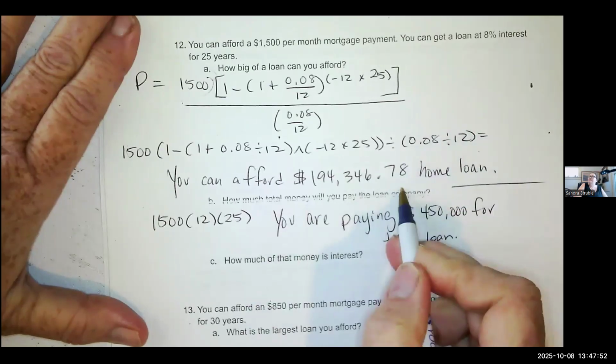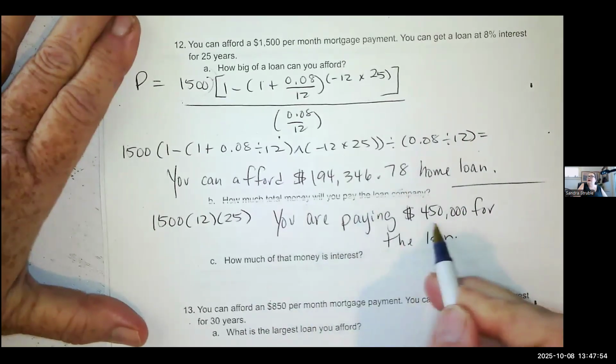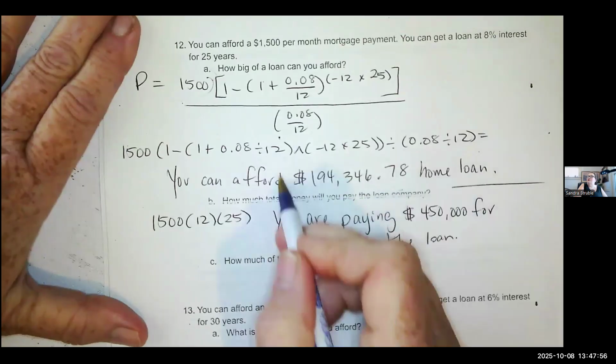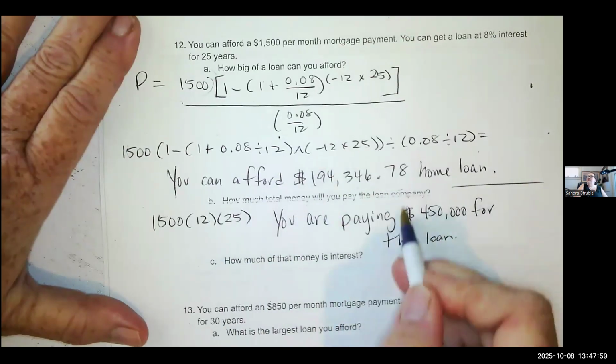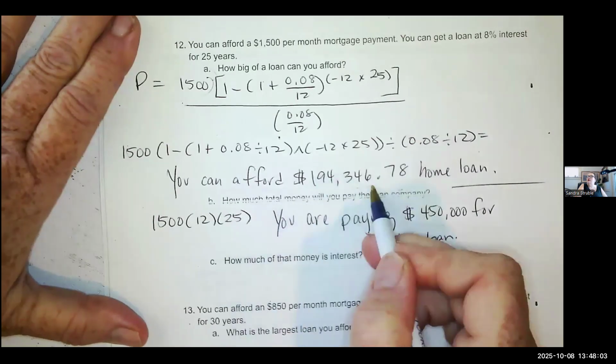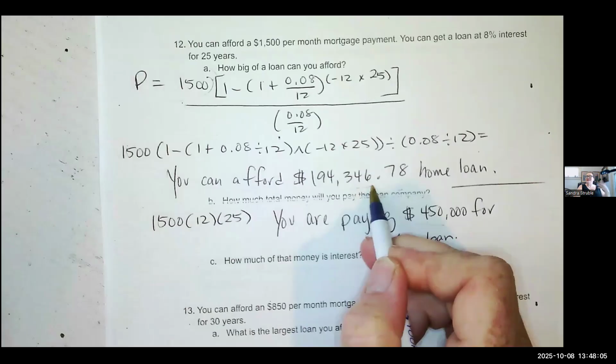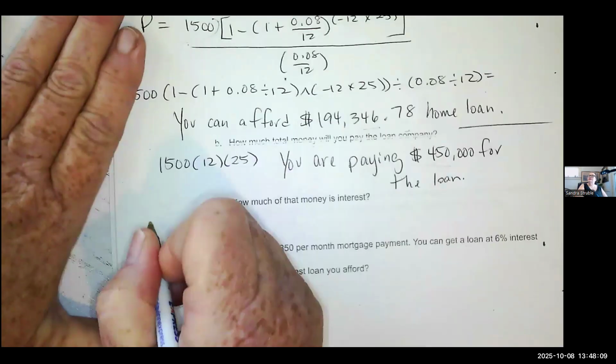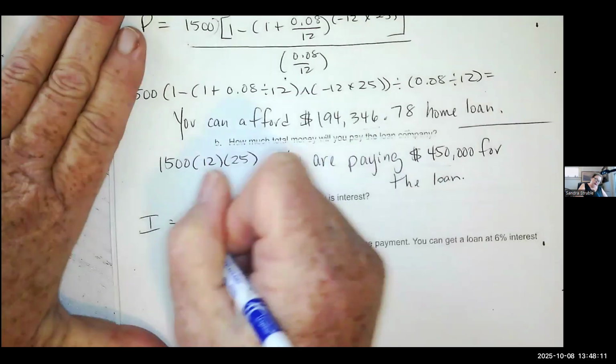Not this. This is actually what you're paying. This is how much they're loaning you. The difference between what you're giving them and what they let you borrow is how they make their money. This is how banks stay afloat. That's all interest.